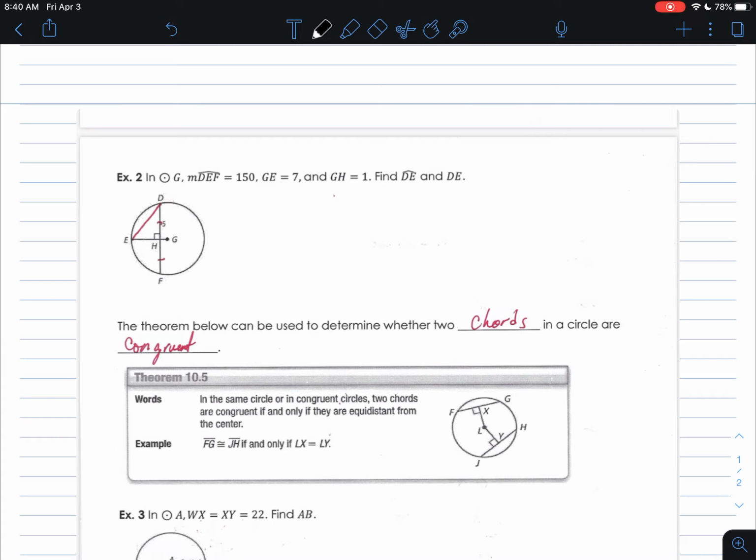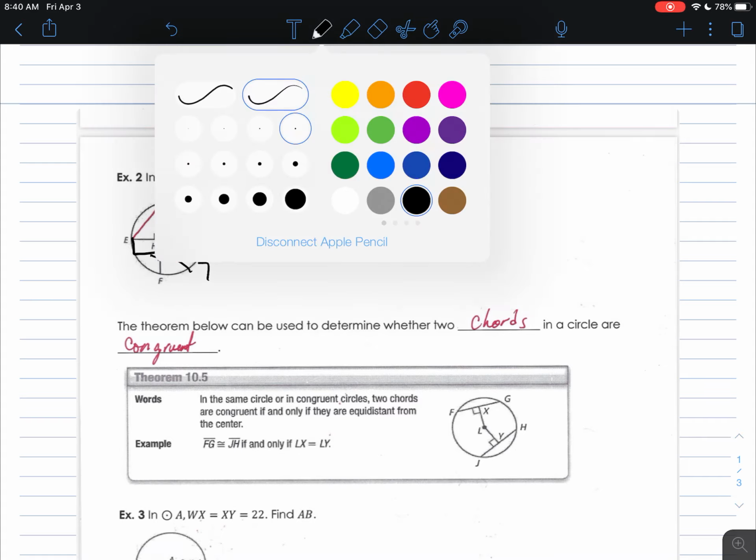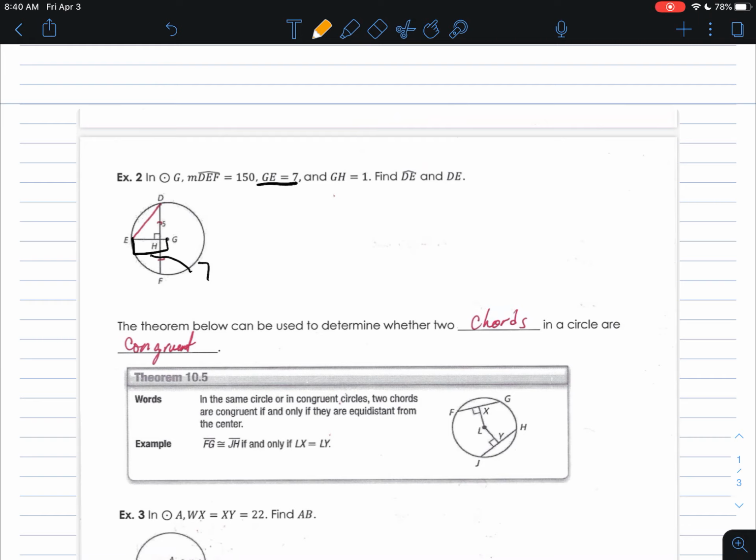So we know that GE, which is the radius, equals 7. We also know that, go orange, GH equals 1.